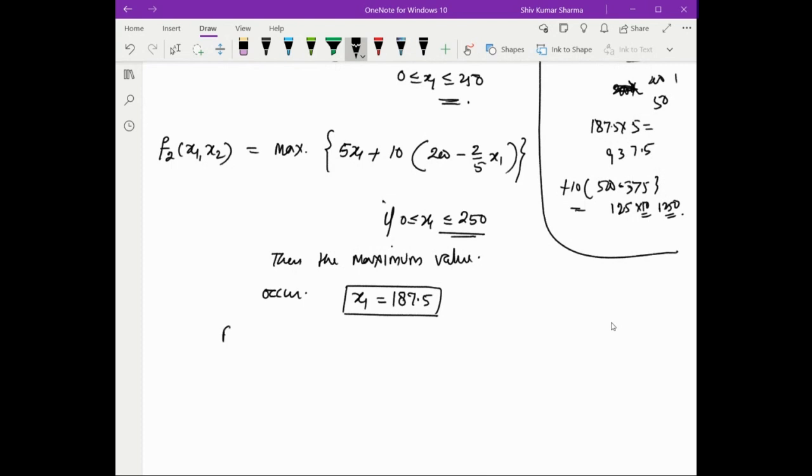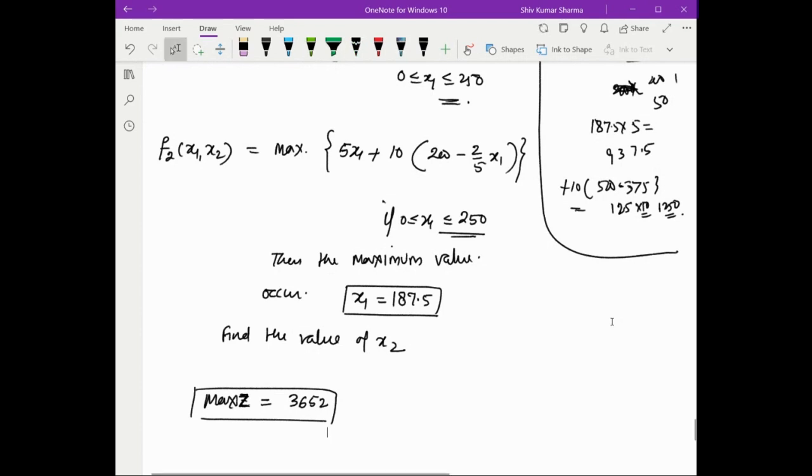Corresponding to that, find the value of x2 and find the value of maximum z. So maximum z occurs at approximately 3652. So these are the values.